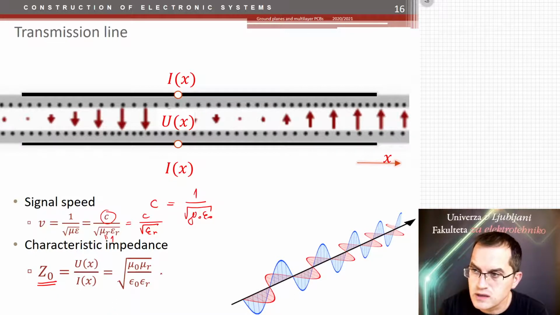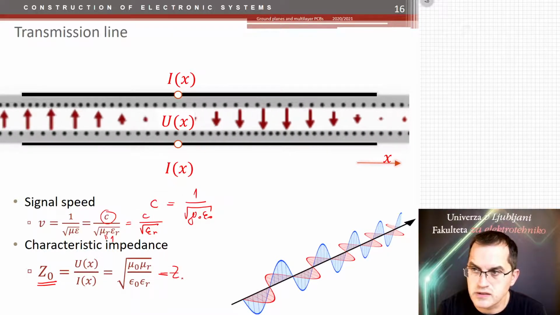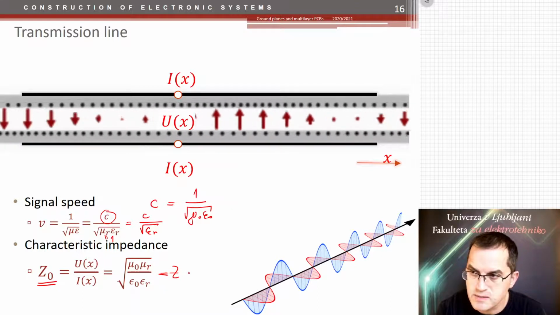In this case, the square root of μ0 divided by ε0 is the impedance of free space, so it's the characteristic impedance of free space.